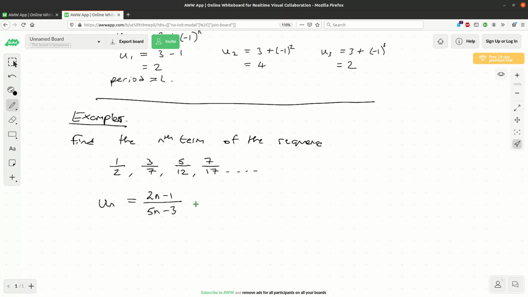Now let's try and find the limit of a convergent sequence, because this is something I think you do need to be shown. So let's find a sequence where we're trying to find the limit of a convergent sequence.